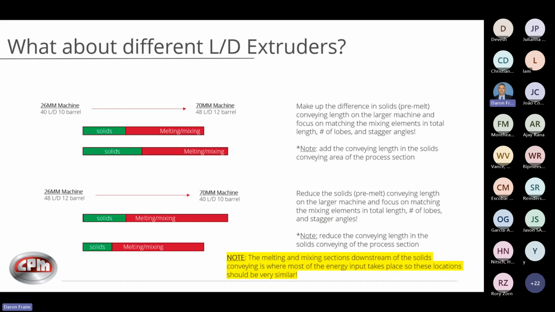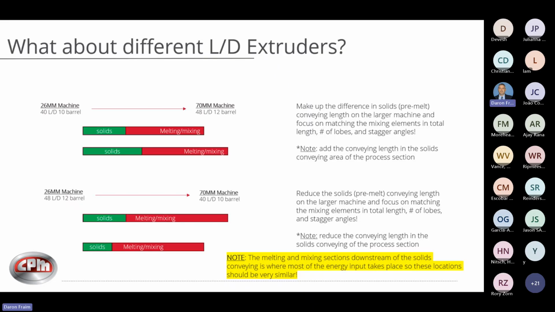And here, what we'll look at is, okay, now what if we're moving from a 10 barrel 40 L over D to a 48 and vice versa. And you can see the strategy here is the emphasis is to try to match the melting and mixing length and make the adjustment on the solids conveying.